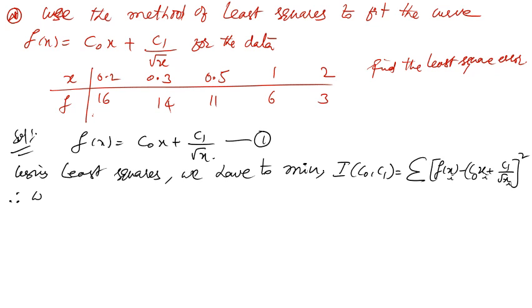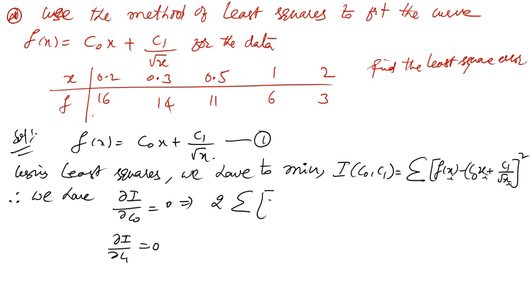Therefore, for the minimum, the necessary conditions are dou I by dou c naught equal to 0 and dou I by dou c1 equal to 0. Coming to the first one, dou I by dou c naught is 2 into sigma of f of xi minus c naught xi minus c1 by root xi, and the derivative with respect to c naught, the coefficient of c naught, is minus xi, equal to 0.